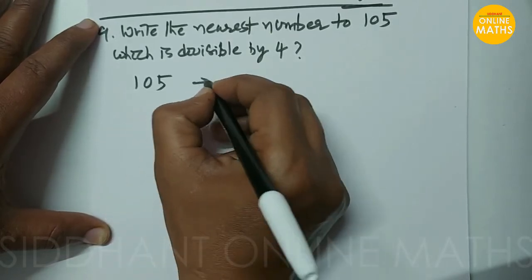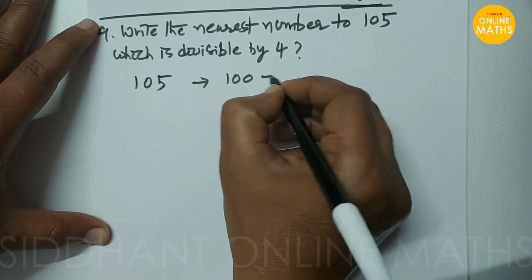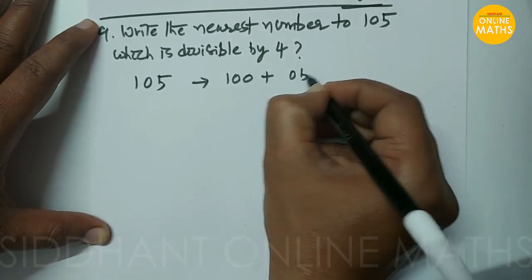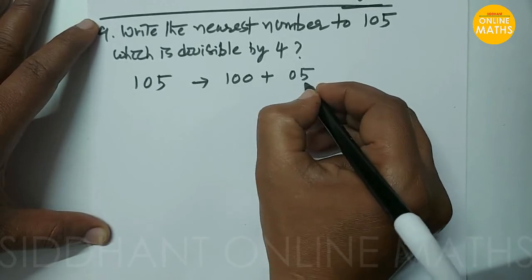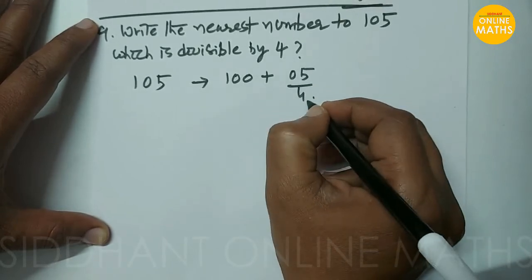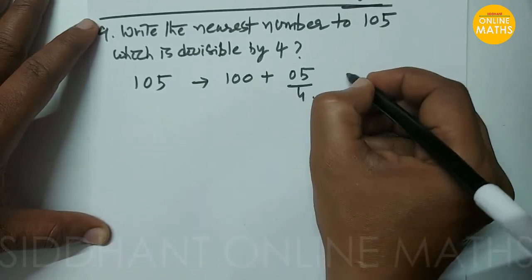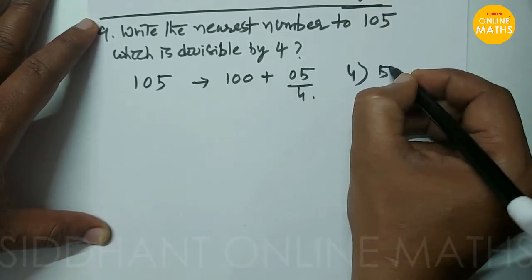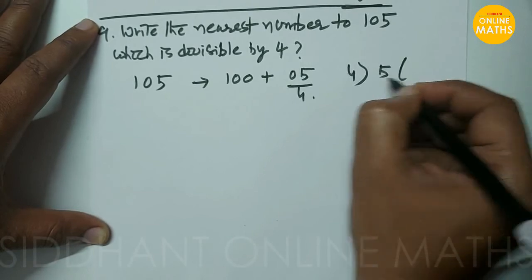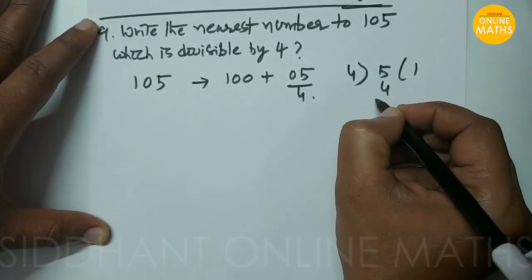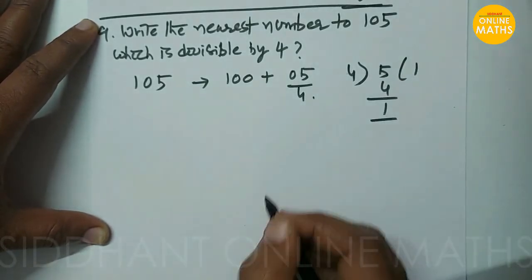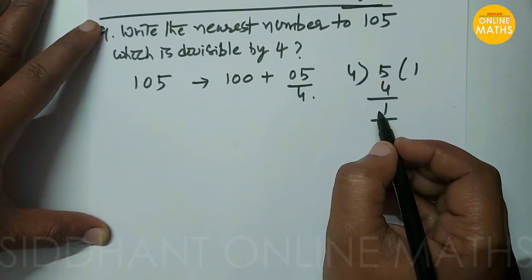So this can be written as 100 plus 05. Now for 05, whether it is divisible by 4 or not, by actual division, 4 goes once and we get the remainder 1. So the remainder is 1.